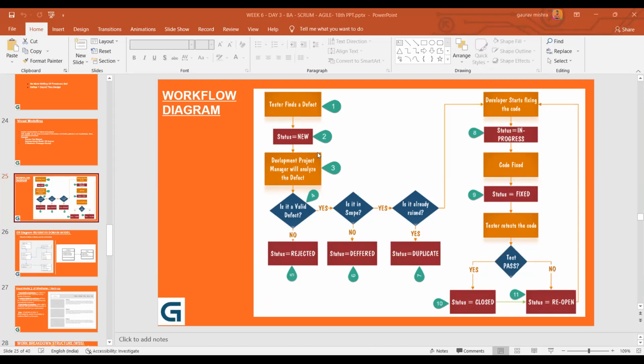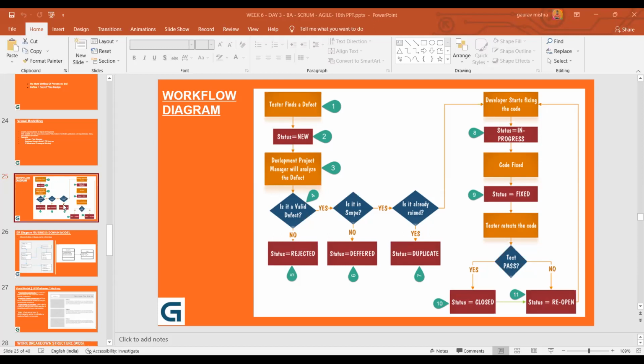So remember, this is a very important diagram because as a BA, you should not only know your own task, but also be well versed with other tasks as well. Even though it is called defect life cycle, you must be aware of when an incident comes into the project, how it should be handled and where it will go.